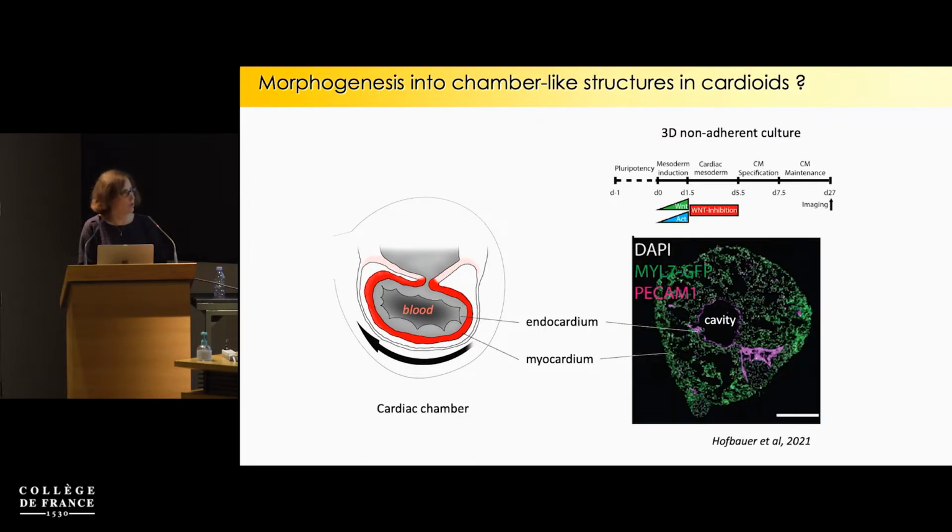So in 3D cultures, and playing with a different cocktail, you can generate from the pluripotent stem cells not only the myocardium here in green, but also the endocardium here in purple. And these cells assemble in something which is a chamber-like structure in which you have a cavity, and the myocardium is lined internally by these endocardial cells. So we can reach some sort of cell organization in these 3D cultures.